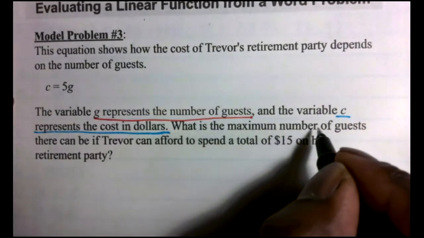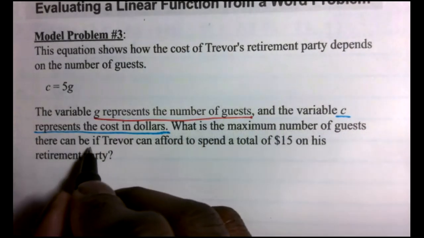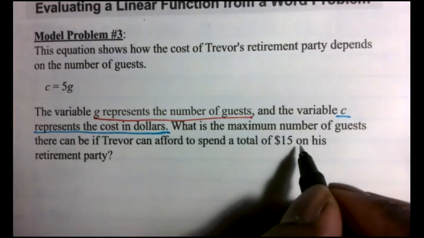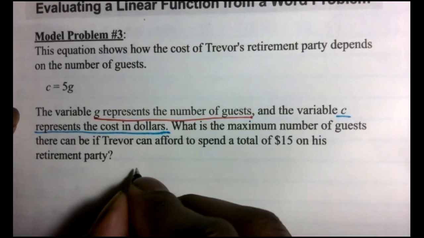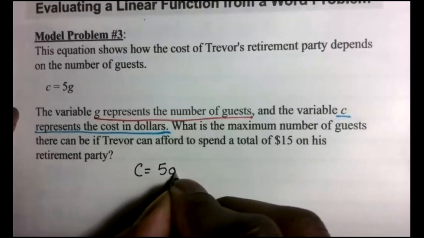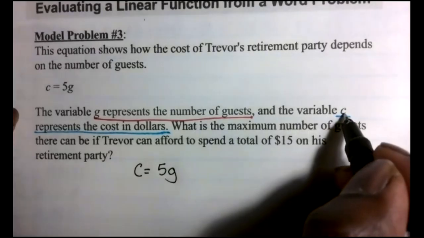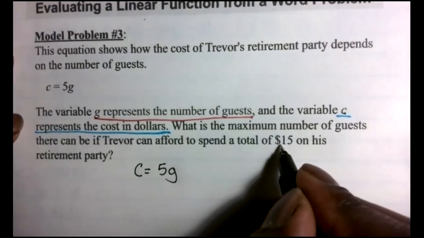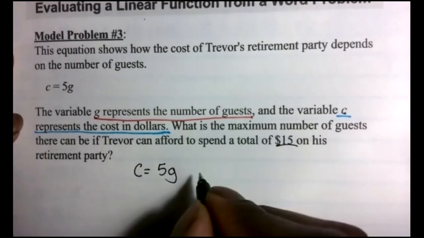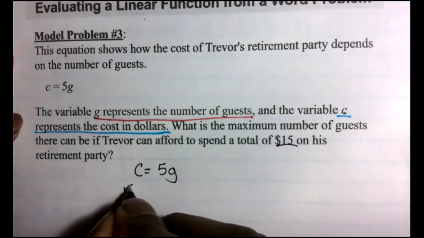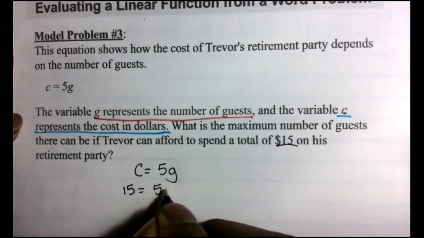It says, what is the maximum number of guests that can be at Trevor's party if he spends $15? I know that C is equal to 5 times G. C represents the cost, and he spent $15, so I'm going to replace C with 15. So 15 is equal to 5 times G.